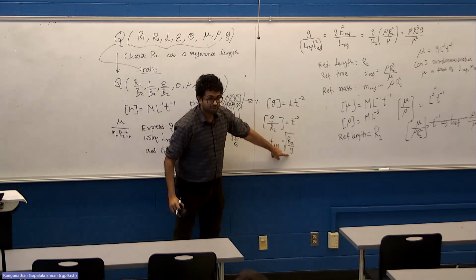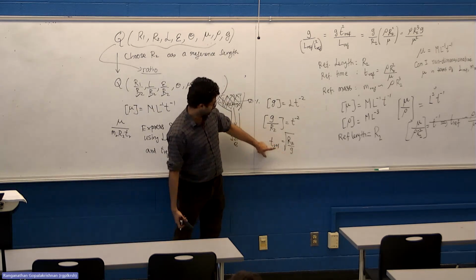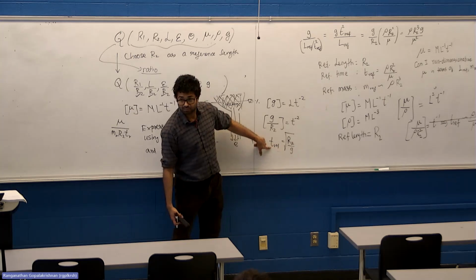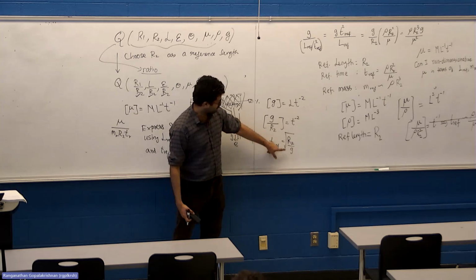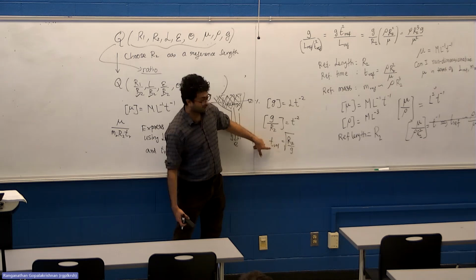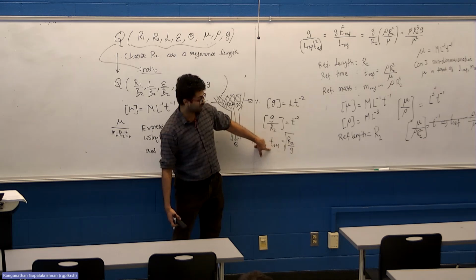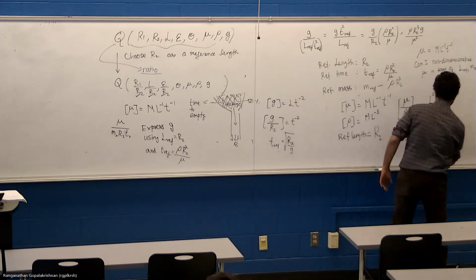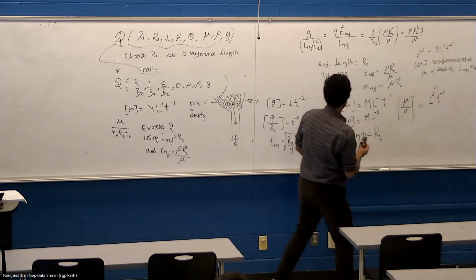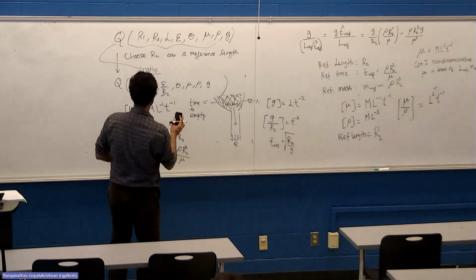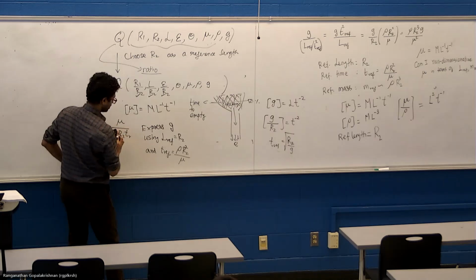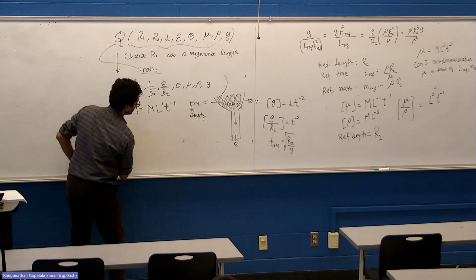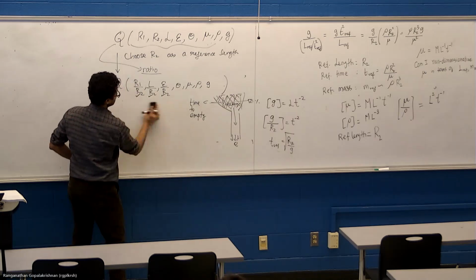It scales with gravity, meaning if gravity is stronger, this time will be smaller, and if gravity is weaker, the other way. And this also scales with R2. So this is a better reference time than what I had before. So all this is wrong. I'll rewrite this.